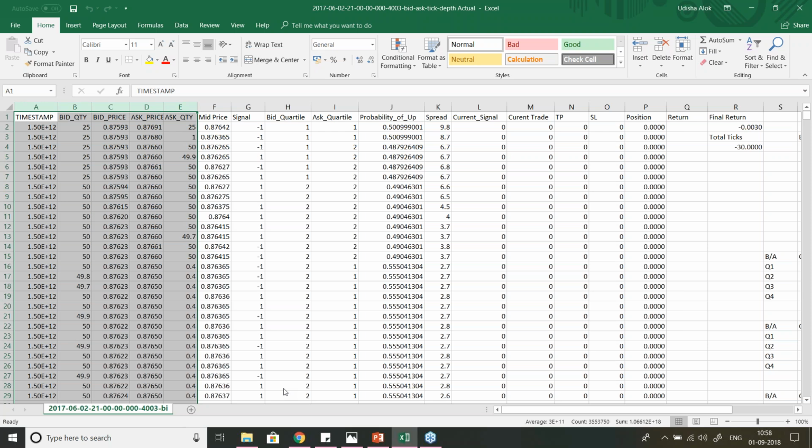Can you please share that file with the participants? The MMT 03 bid ask file. Okay, sure. Thank you. Okay, Kalpesh and Krishna are saying it is there in the MMT lecture details.